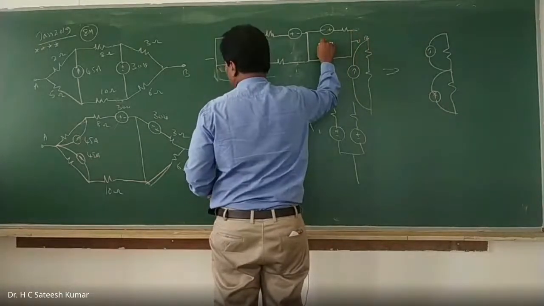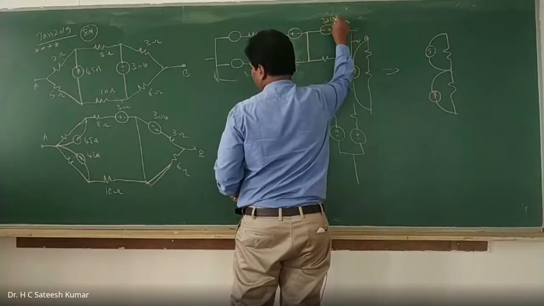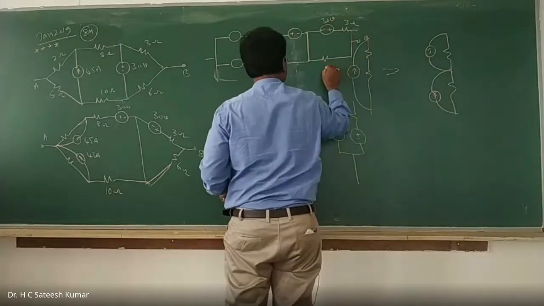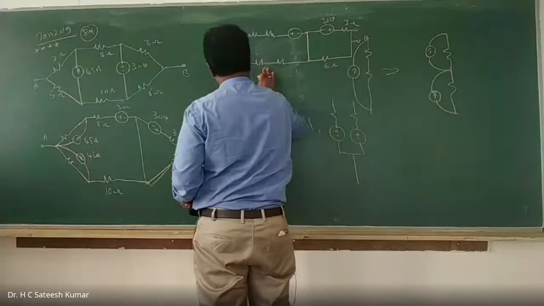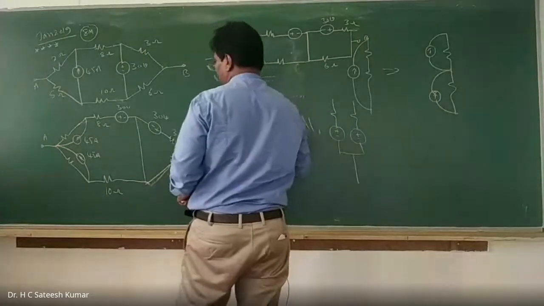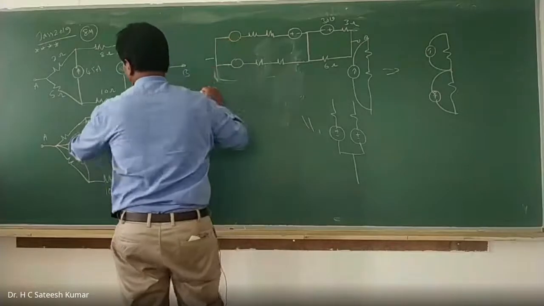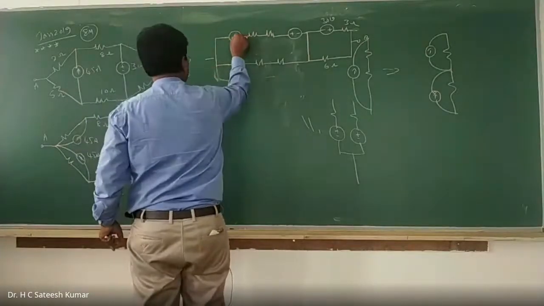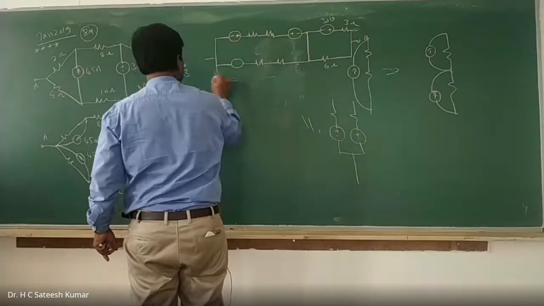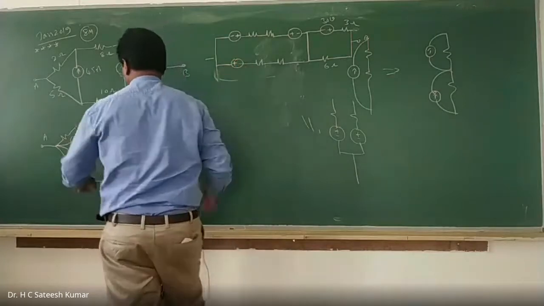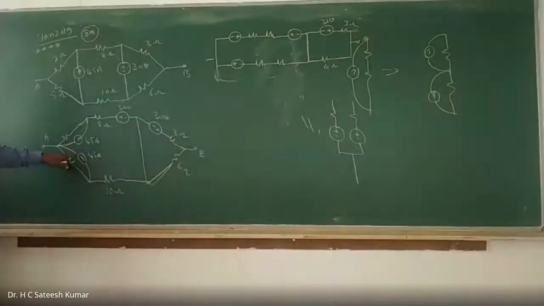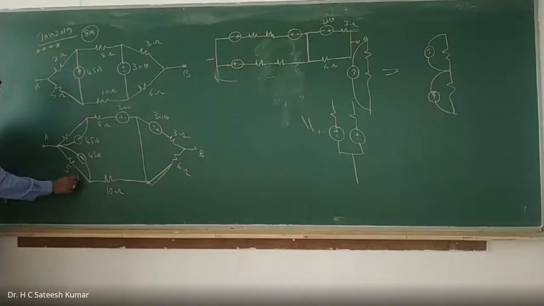So this is 30 volts as it is, I am writing it, 3 ohms, and this is 6 ohms, and this is... V is equal to... so polarity, the arrow mark is on the right side, therefore this will become plus, this is minus, this is the left side, plus minus. If you see the arrow mark here, plus will be this side, so this is 5 ohms, this is 2 ohms, and the arrow mark is on the left side, therefore plus will come to the left side.